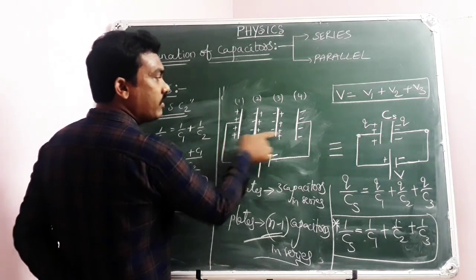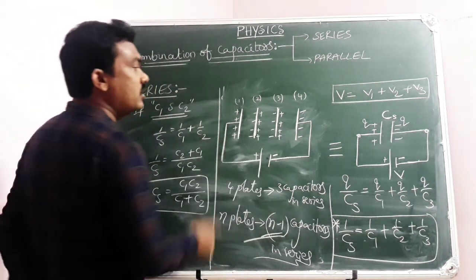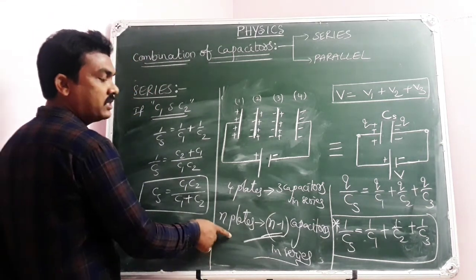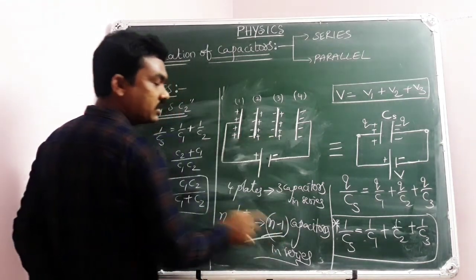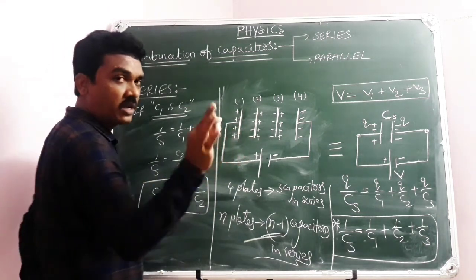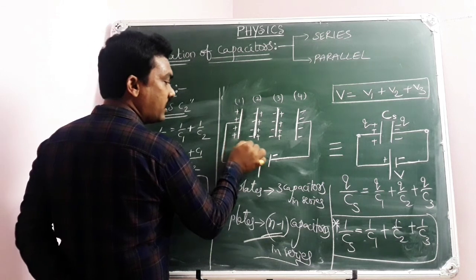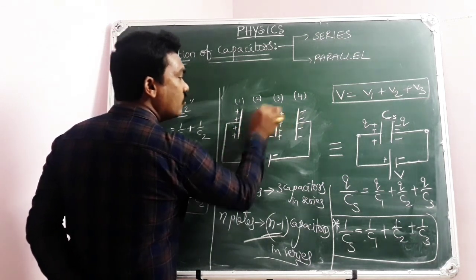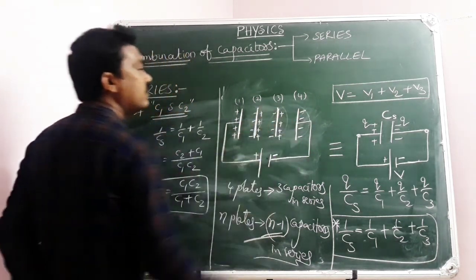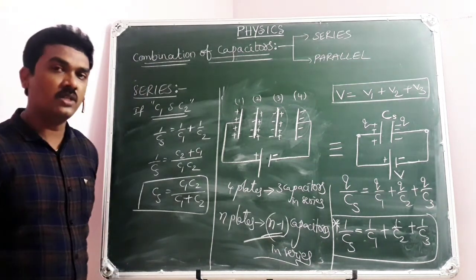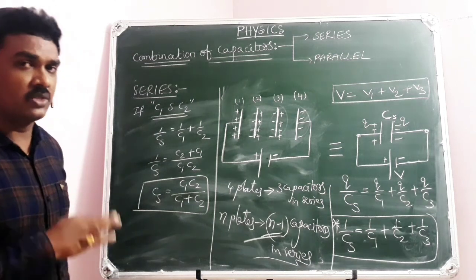Because they are going to induce the same amount of charge on each plate, they are said to be in series combination. With n identical plates, n minus 1 capacitors in series. If 5 plates are given, 4 capacitors. As 4 plates are given, 3 capacitors. This is 1 and this is 2 and this is 3, which are in series.